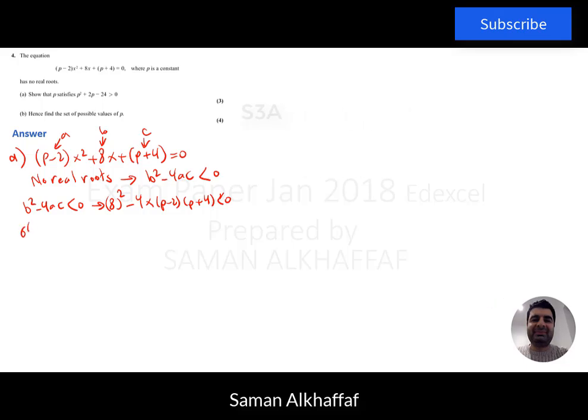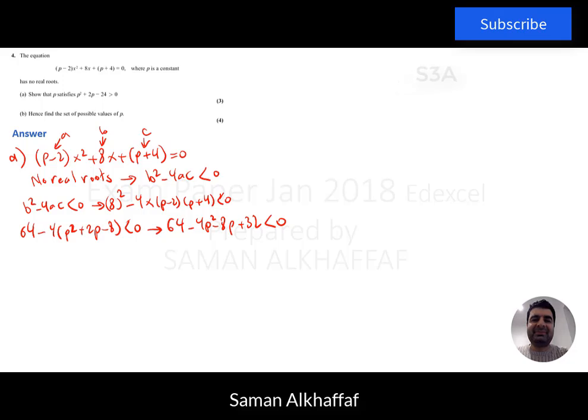That would be 64 - 4, and we multiply the brackets by each other, which gives p squared + 2p - 8 smaller than 0. Then we simplify further by multiplying the 4 by the bracket, so we have 64 - 4p squared - 8p + 32 being smaller than 0.